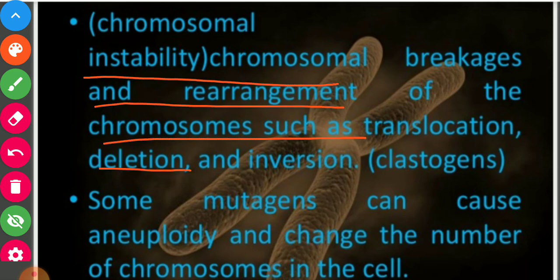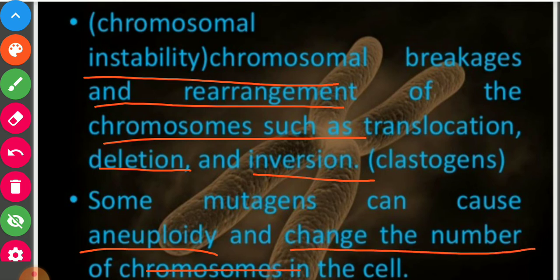Sometimes mutagens can also cause aneuploidy, meaning a change in the number of chromosomes. The number of chromosomes sometimes changes, and the change in number of chromosomes also changes the information in the cell.